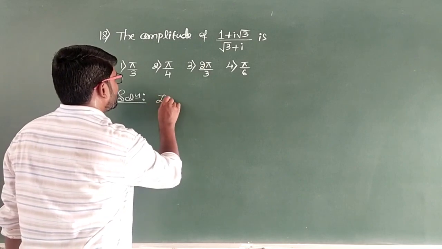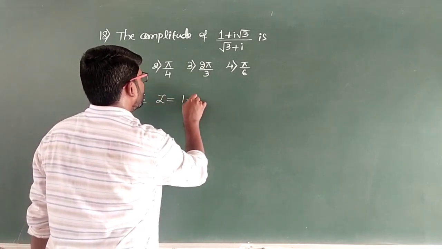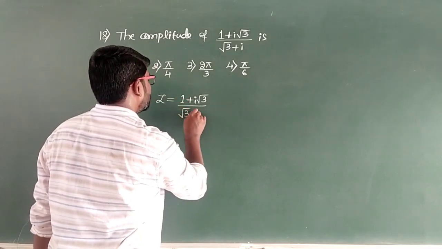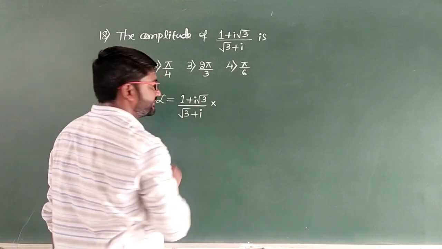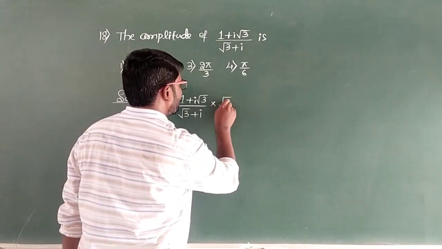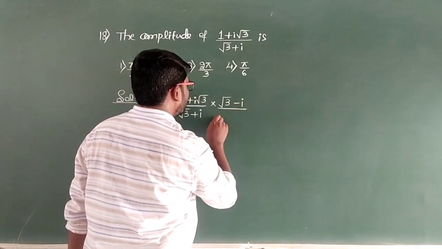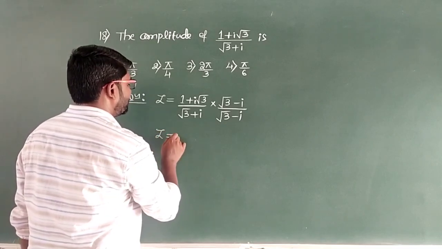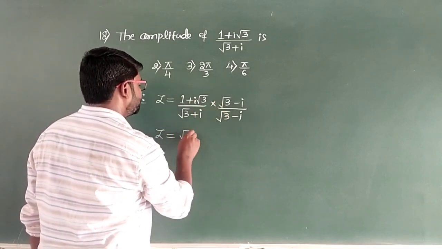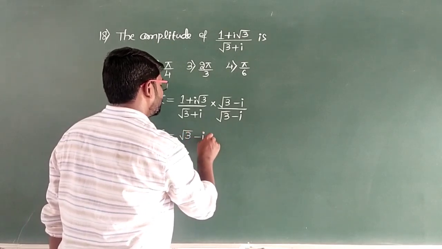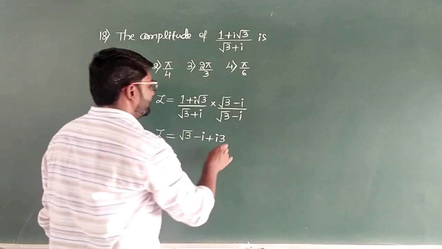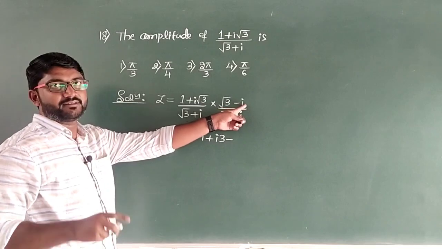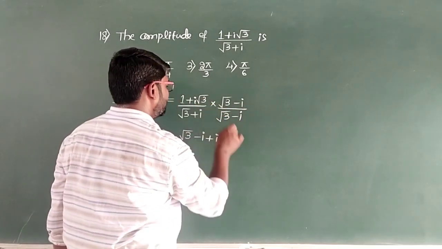So z is equal to (1 plus i root 3) divided by (root 3 plus i), and let us go for rationalization in the same step. Multiply and divide by the opposite sign of the denominator, root 3 minus i divided by root 3 minus i. Now multiply the numerators: we get root 3, then minus i, then plus i into 3, then plus into minus it will be minus, then i into i will be i square, that is minus 1, so we get plus here, then root 3.